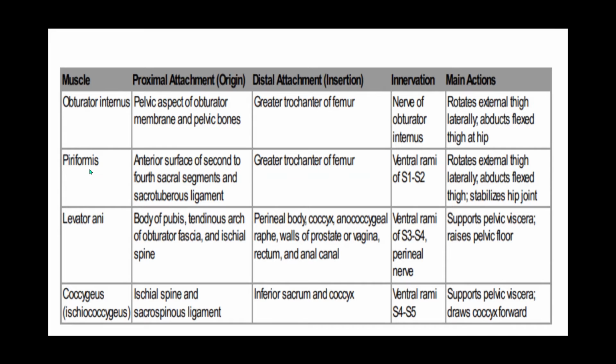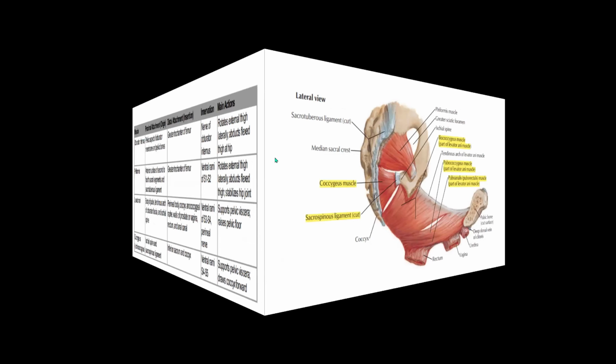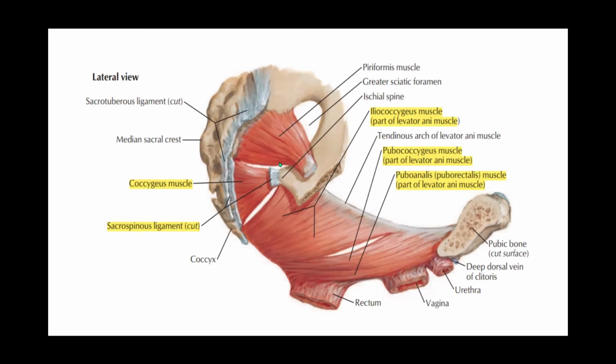The piriformis muscle arises from the anterior surface of the second, third, and fourth sacral segments, and from the sacrotuberous ligaments, and then it inserts into the greater trochanter of the femur. That's the piriformis muscle, taking origin from part of the ilium, and also from the sacral bones, and then also from the sacrotuberous ligaments.